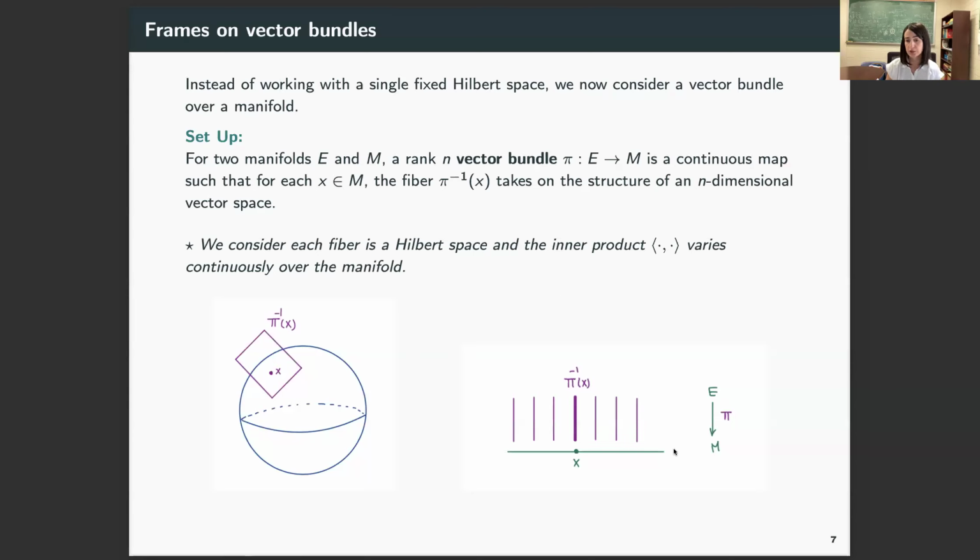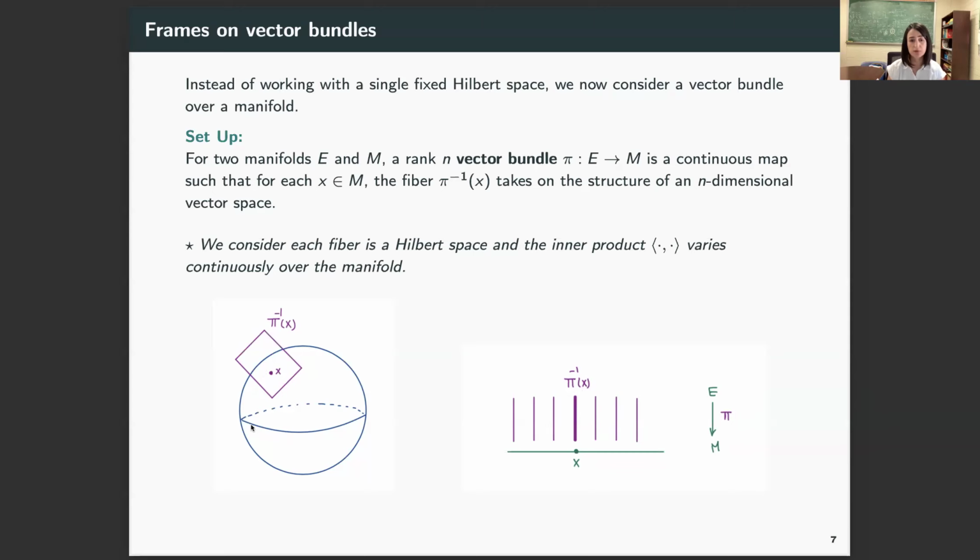If you look at this picture, we're taking this pi, which is our vector bundle. It goes from E to M. If I'm looking at M and take this x on M, there is pi inverse of x, a fiber corresponding to this point. And E is going to be the disjoint union of these fibers.